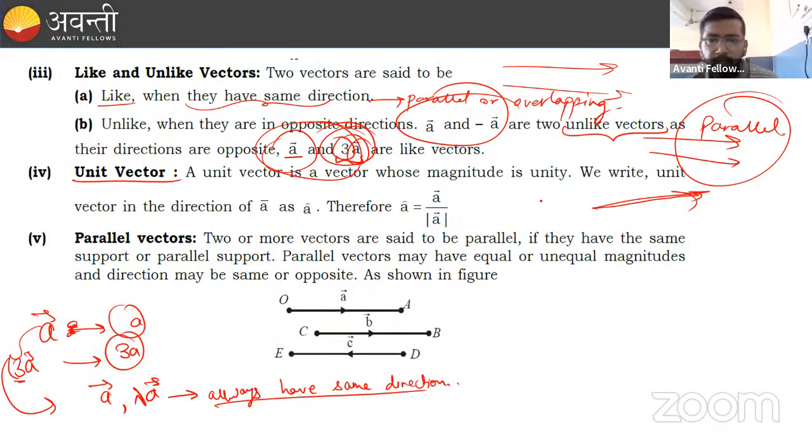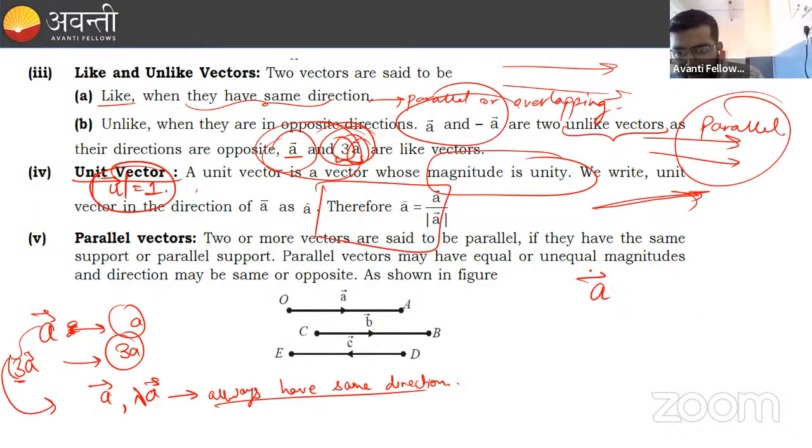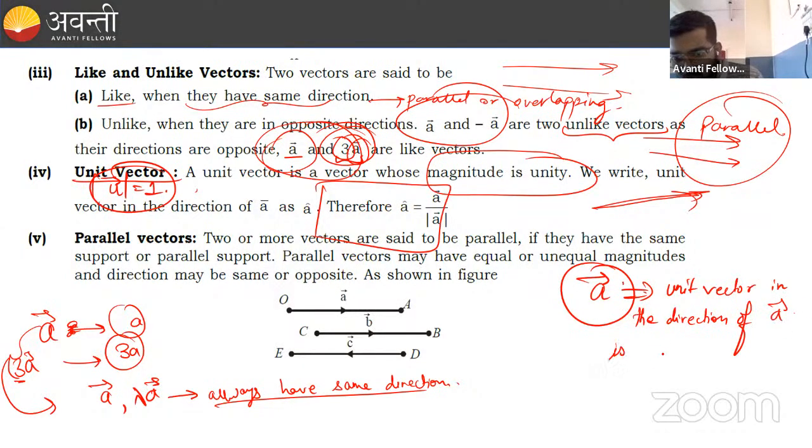What is a unit vector? A unit vector is a vector which has a magnitude of 1. Let's call this unit vector u bar. So mod of u bar equals 1, then it is a unit vector. Any unit vector in the direction of A bar is A bar divided by mod of A bar.